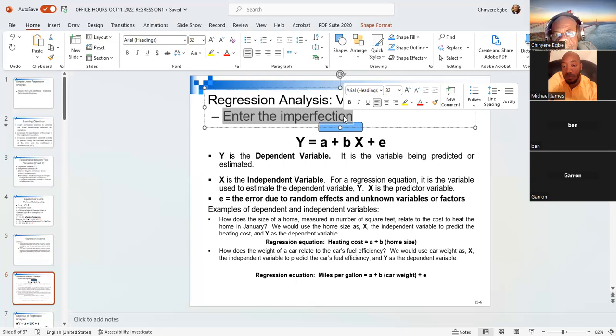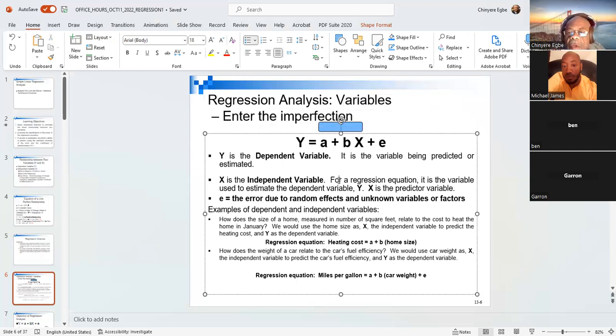If I stop frequently and restart my car more frequently than somebody else, then I might end up using more gas. If the road is bad, that's one factor. And so different road conditions. And so if we don't measure any of these, then for all intents and purposes, there will be differences in the amount of gas that we use on the same distance.